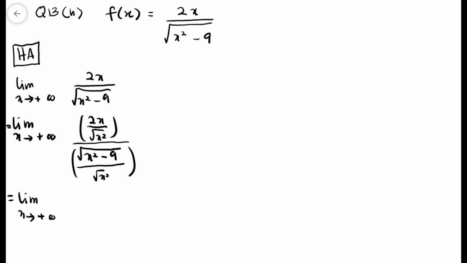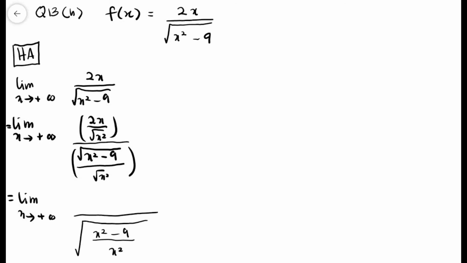Actually, for the denominator, you won't have any problem, since by the properties of sqrt A over sqrt B, it can be written as sqrt of A over B. You just use this property. For the denominator, you get sqrt of (x square minus 9) over x square.